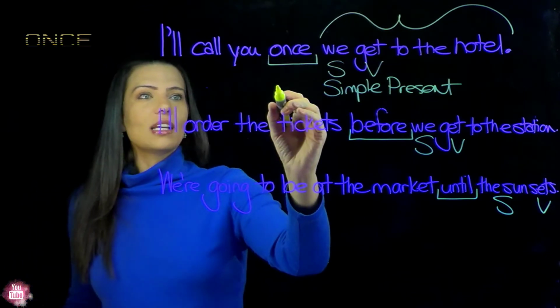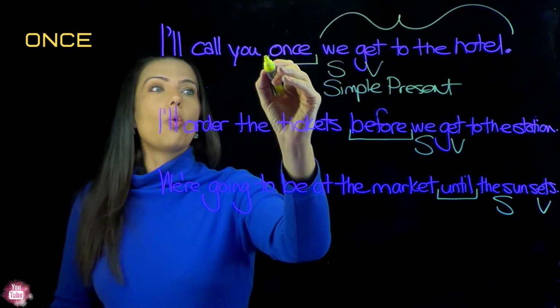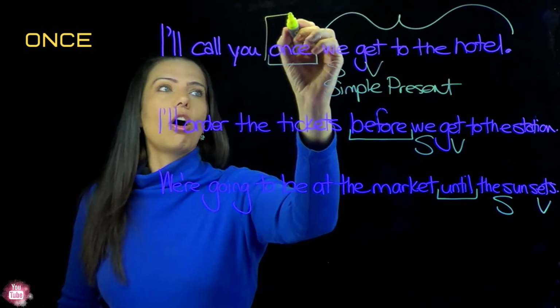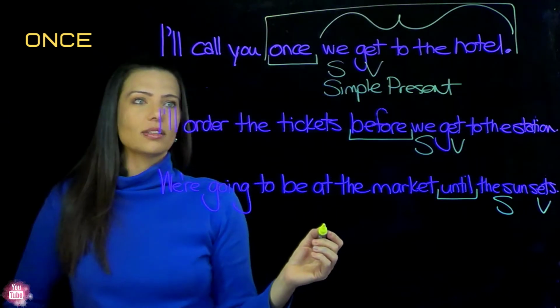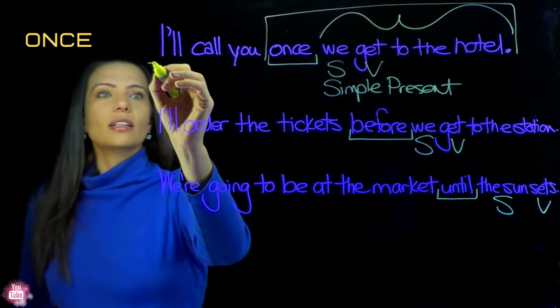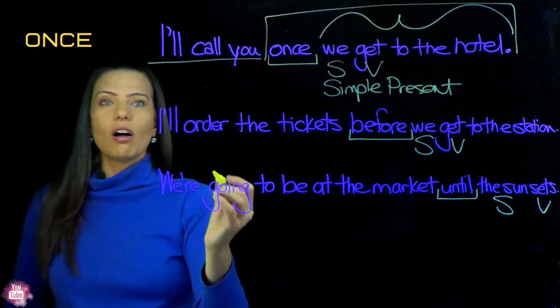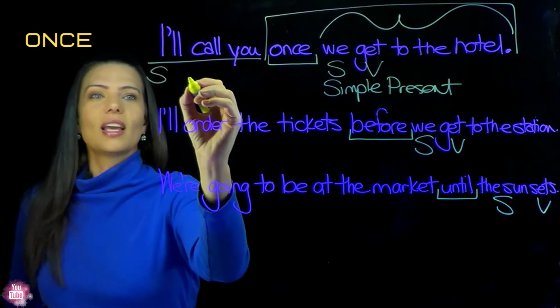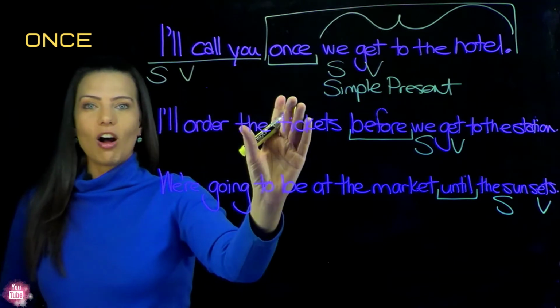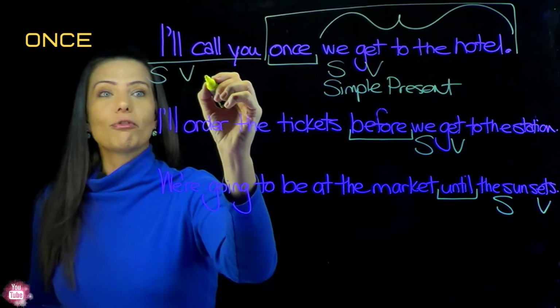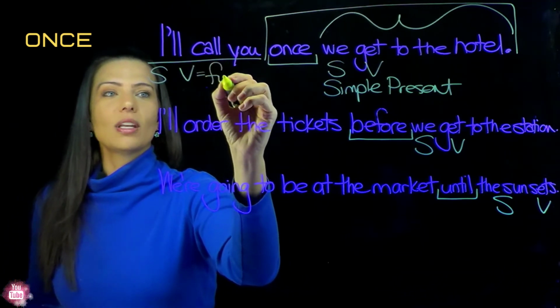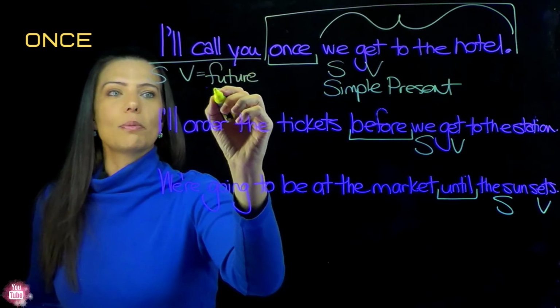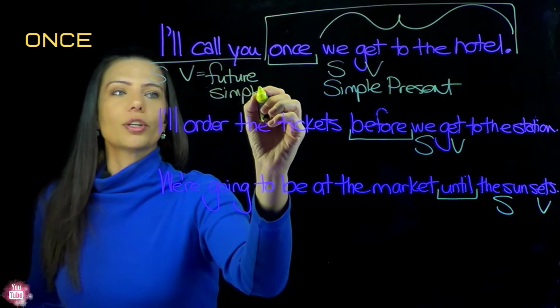So in this case here, the future time clause, once we get to the hotel, all of this is the future time clause. The main clause here is I will call you. So we have the subject, and then we have the verb will call. Now, this verb tense, again, is written in the future simple, or the simple future.